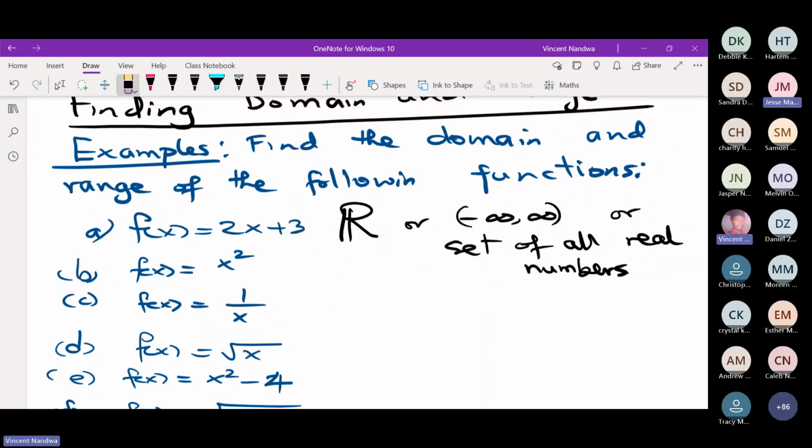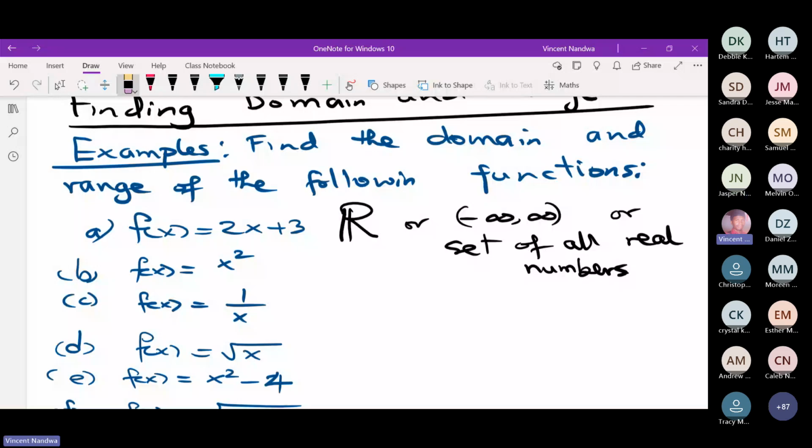And when you pick any arbitrary negative real number and compute using your calculator, you also get a value. You'll not get a math error. Therefore, we say the domain for this function is the set of all real numbers.